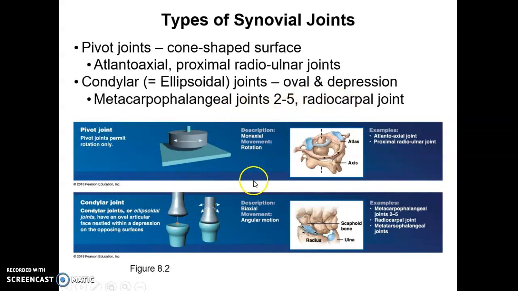So those are condylar joints. A lot of motion there, biaxial. And also the radiocarpal joint with the radius scaphoid gives a good amount of motion at the wrist there.